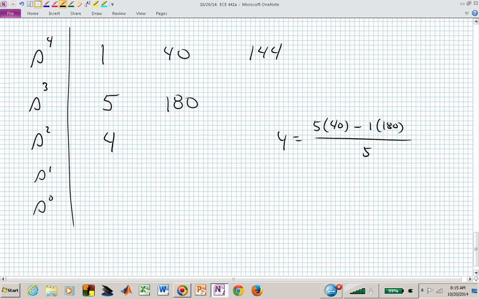What about this entry here? How do we build that one? We always use the leftmost column, and we always build from the row 2 rows above us.